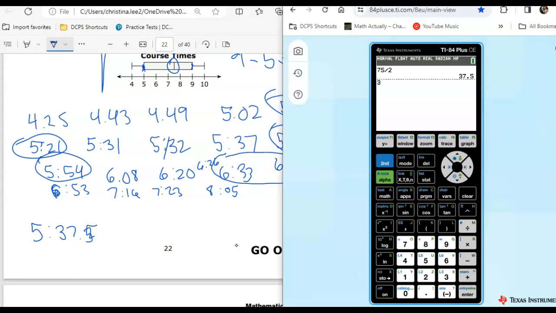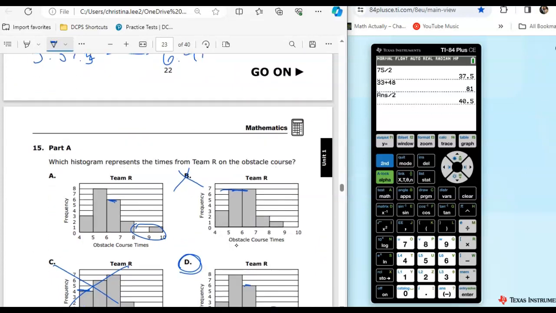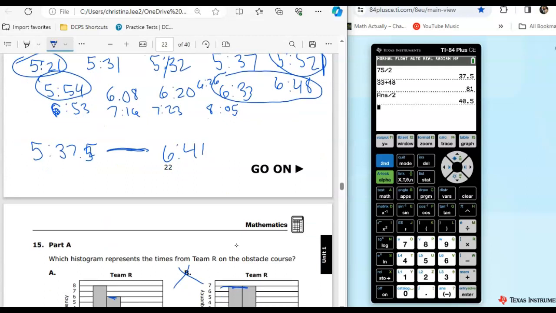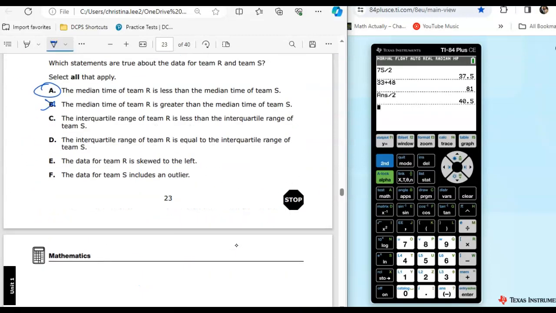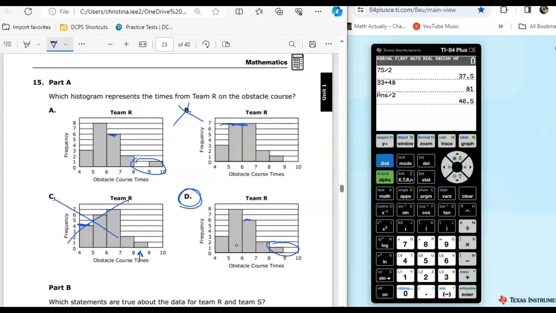And then looking at 6 minutes and 33 seconds and 6 minutes and 48 seconds, it's going to be 6 minutes and 40.5 seconds. So again, less than a minute between that interquartile range, right? And so that means that the interquartile range of R is 1 point something, or 1 minute and some change, whereas the interquartile range of Team S was 4, so much bigger, okay?